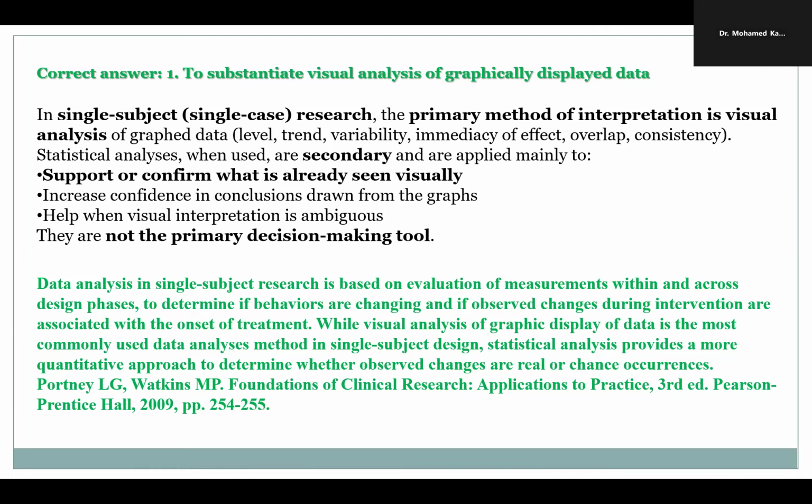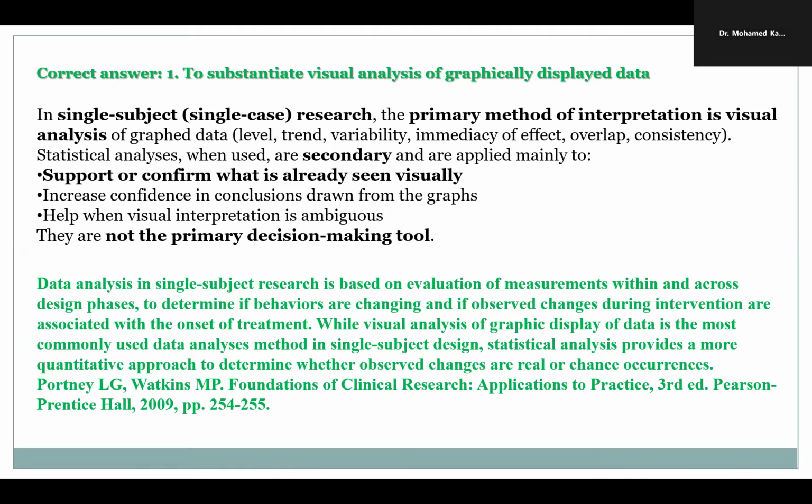And statistical analysis, when we use it, is a secondary thing, mainly applied to support or confirm what we have already seen visually, and to increase the confidence in conclusions drawn from these graphs.